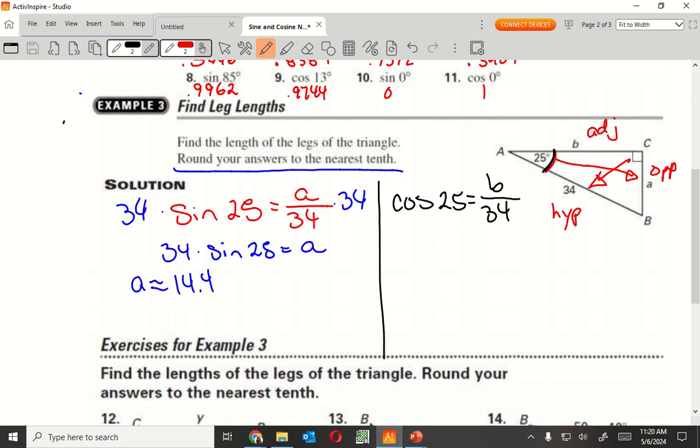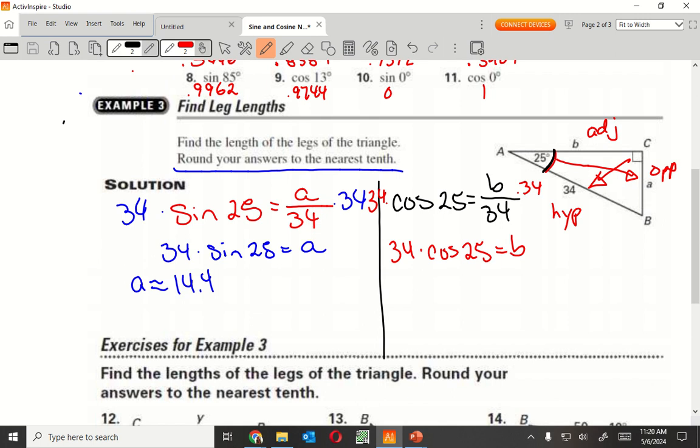It doesn't flip. Again, I have my 34 on the bottom, so I'm going to multiply both sides by 34. So 34 times cosine 25 equals b.